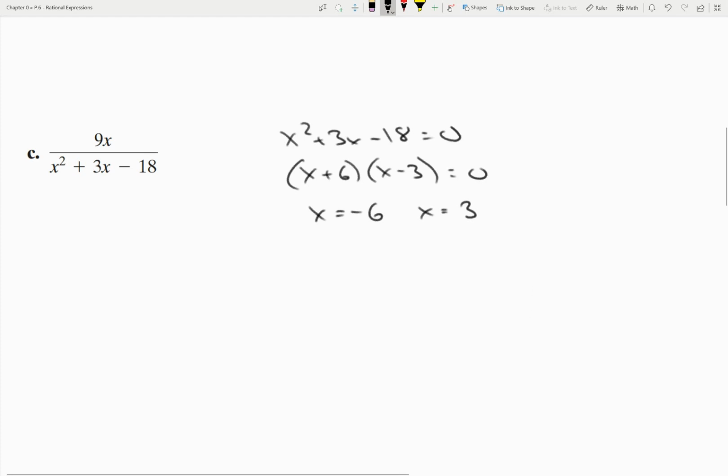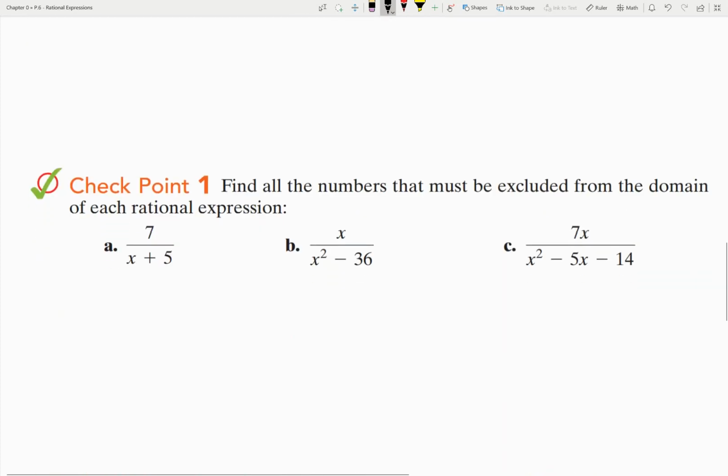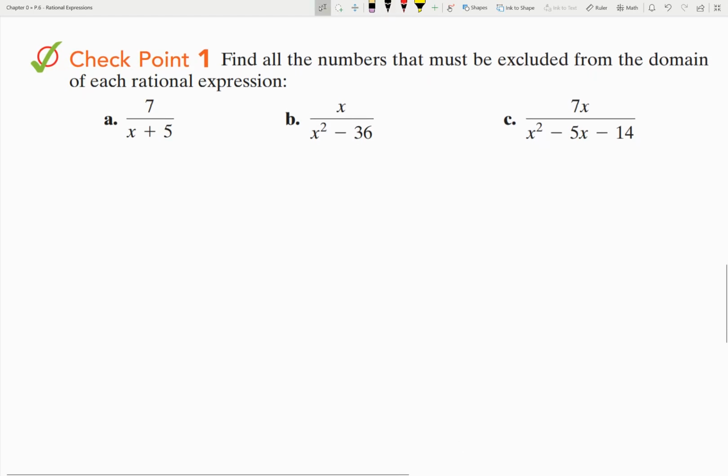Okay, let's try our checkpoint problems. The first one should be fairly obvious. x is not equal to negative 5, setting the denominator equal to 0. For part B, x is not equal to plus or minus 6, setting the denominator equal to 0.